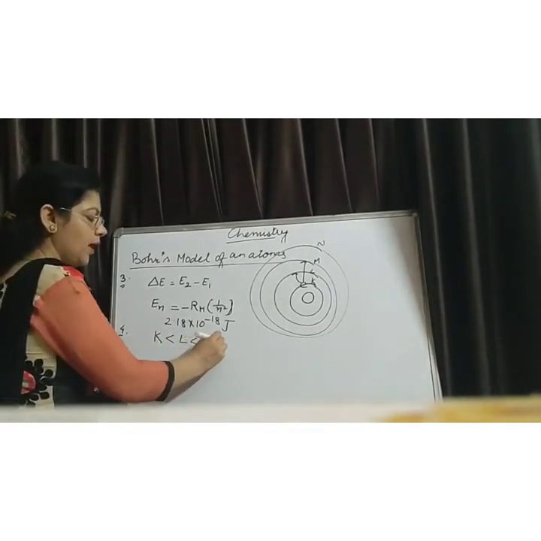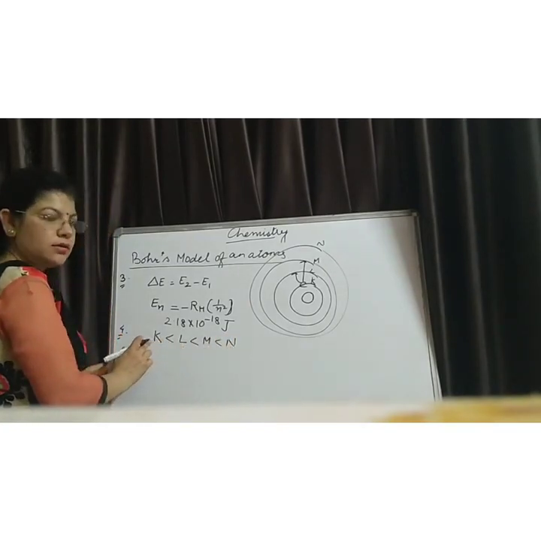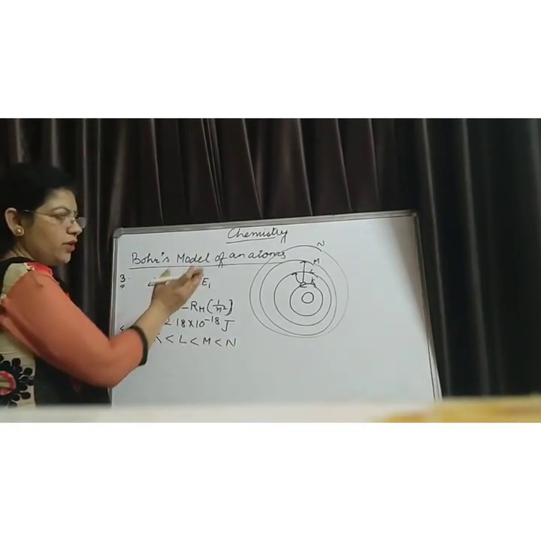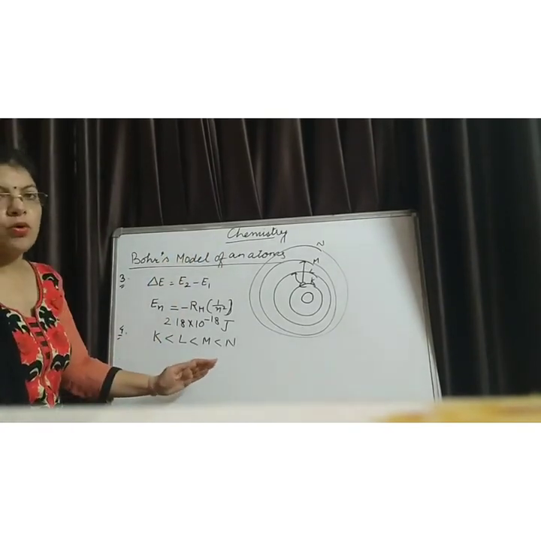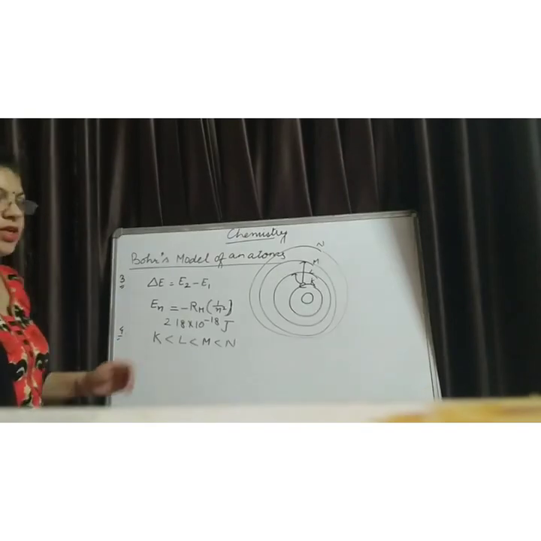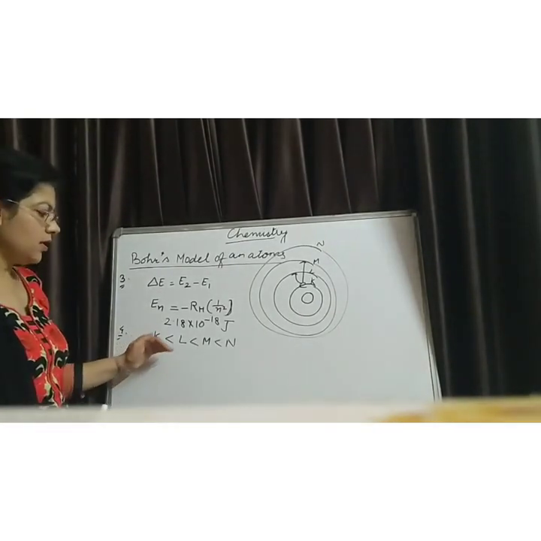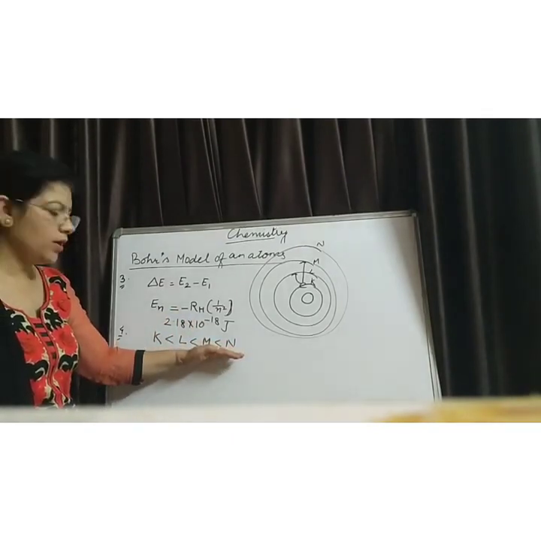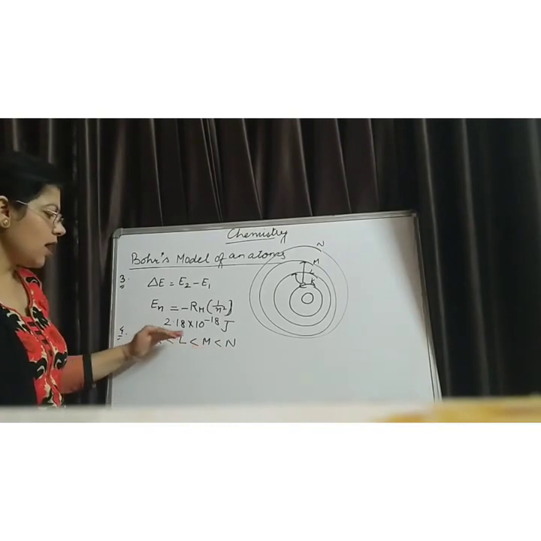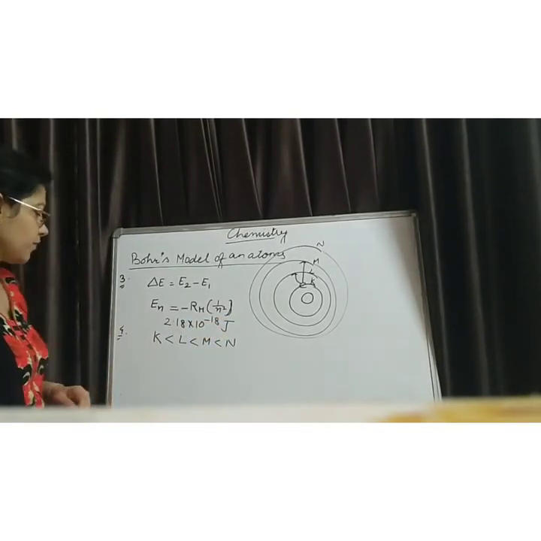Similarly, M and N both have higher energy than L and K. These different shells are arranged according to increasing order of energy. The shell which has lesser energy is filled first, and the shell which has higher energy is filled at the last.